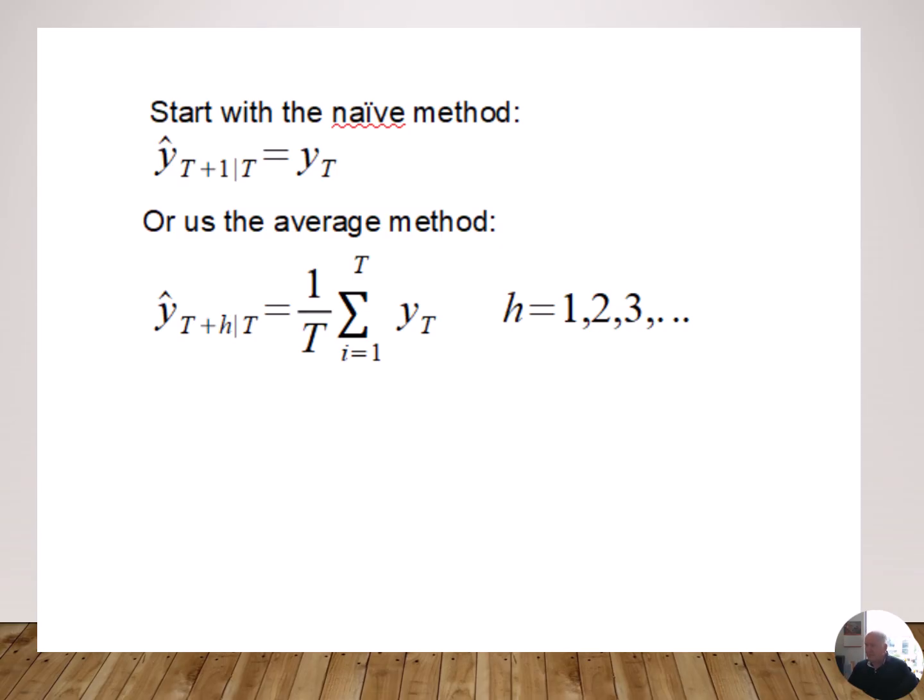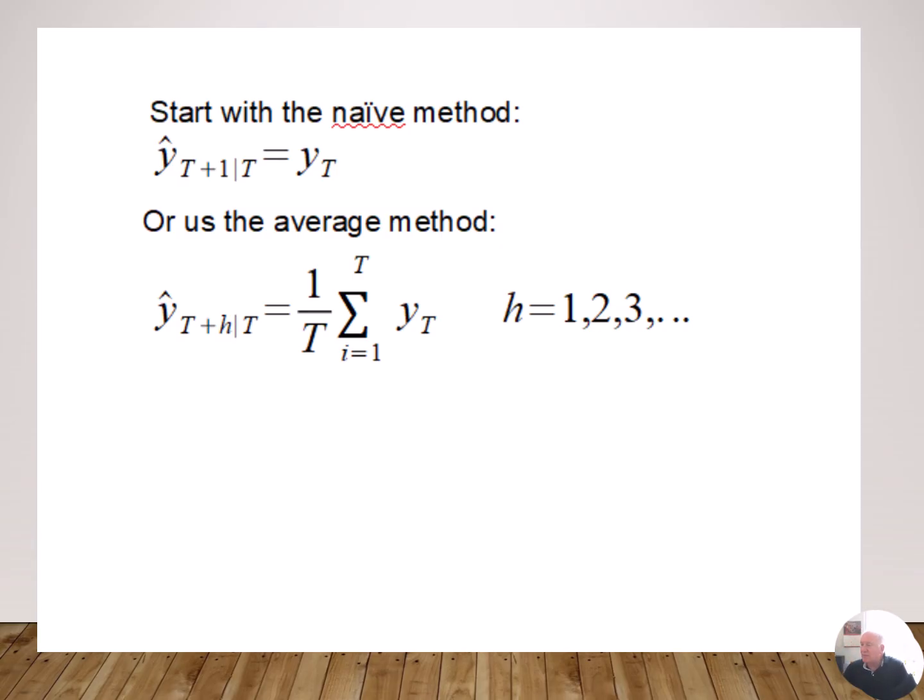If we look at the average method, we take the average of the whole data set, or the whole time series, and that remains the value. So if the average of all of the data that we have is 10, then our next predicted value will be 10, and the next one will be 10, and the next one will be 10.